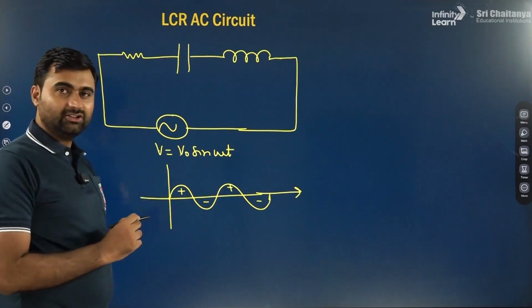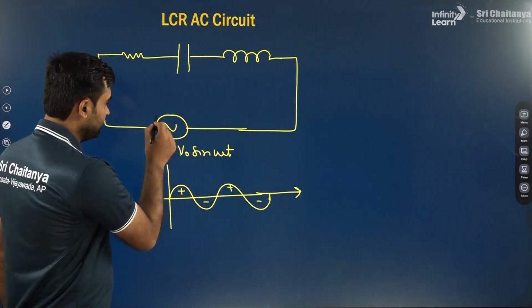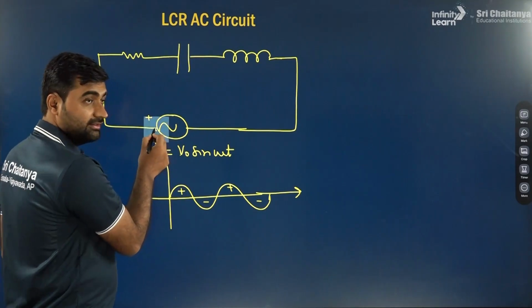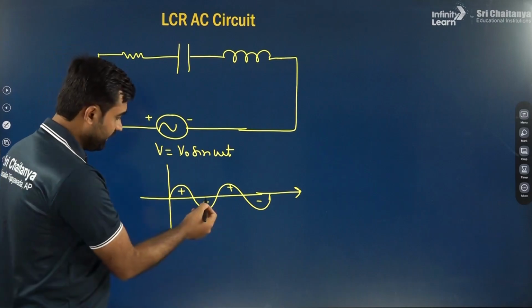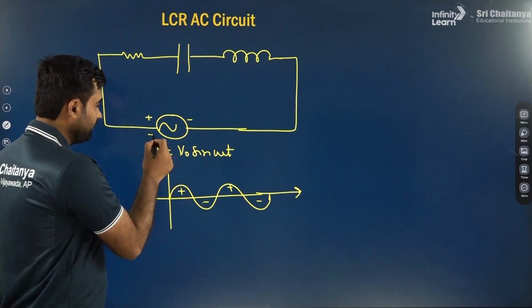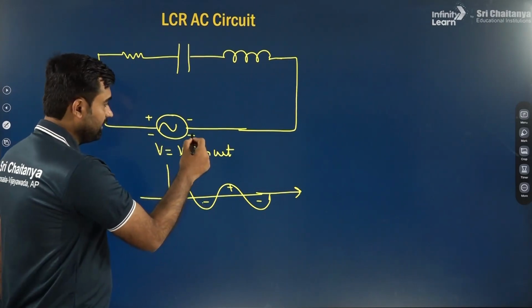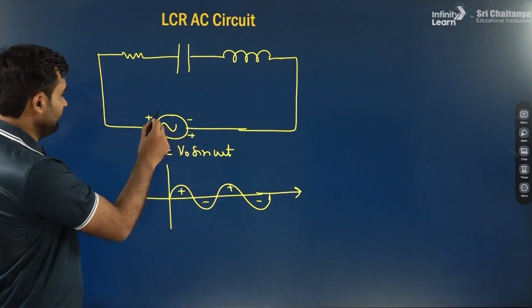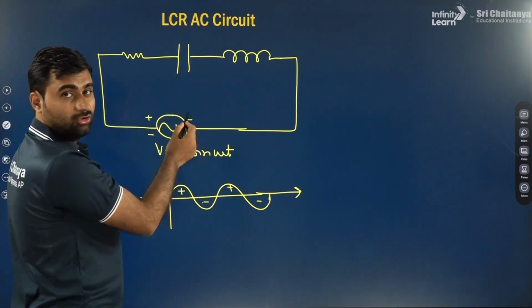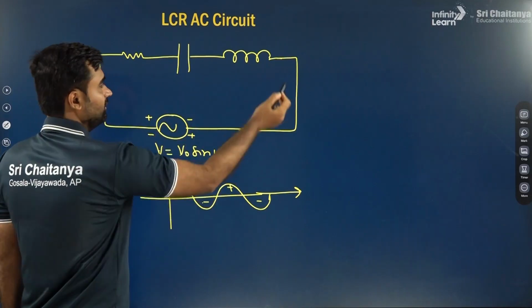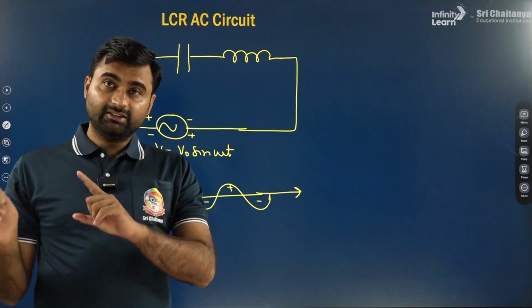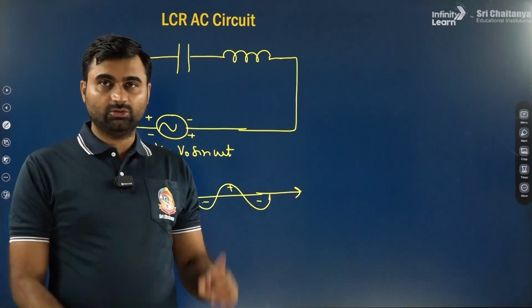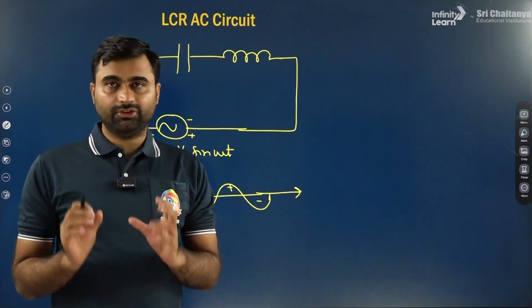So if polarity changes, it means for the first half cycle this end is at higher voltage and this part is at lower voltage, and for the next half cycle this is at lower voltage and this is at higher voltage. Means for the first half current will flow clockwise and for the second half current will flow anti-clockwise, right? This is the difference between AC circuit and DC circuit. Here the current direction will change.